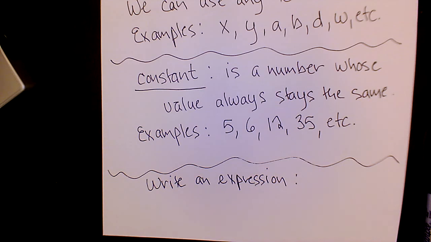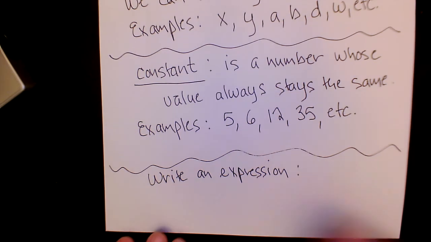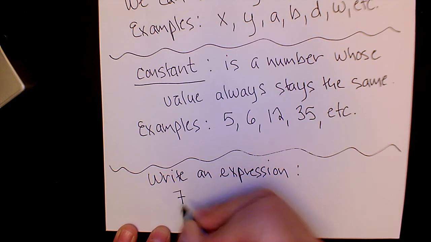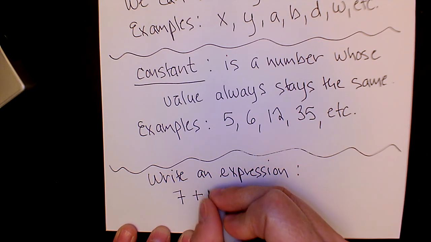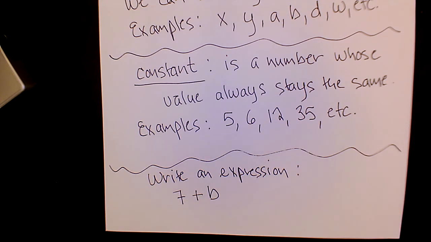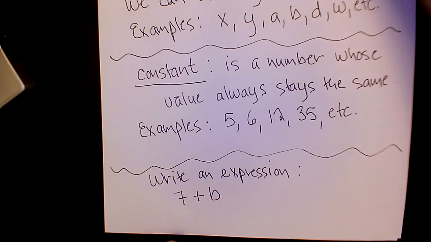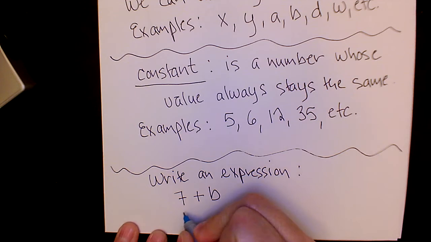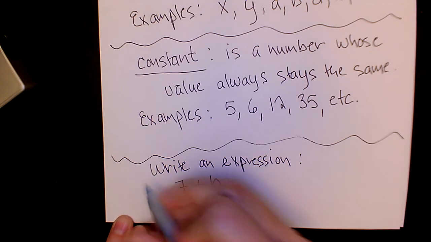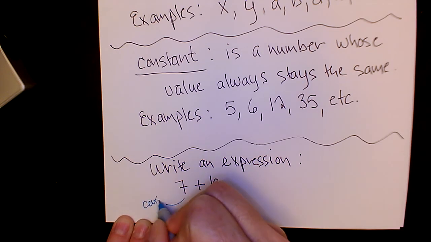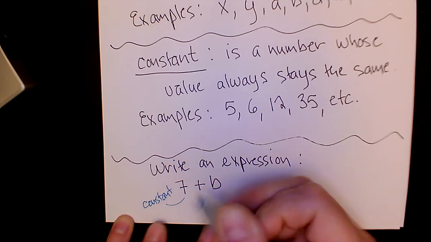So here's an example of an expression. 7 plus b. I've got the constant 7. 7 is my constant because it's always going to stay 7.